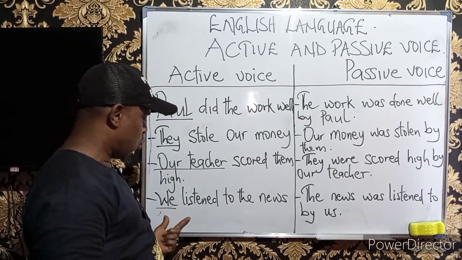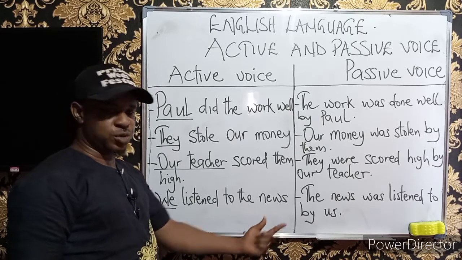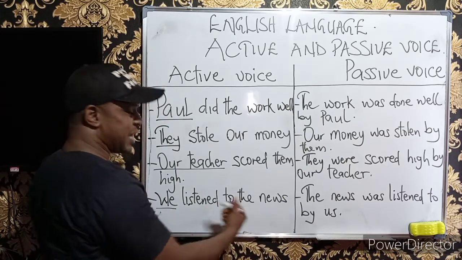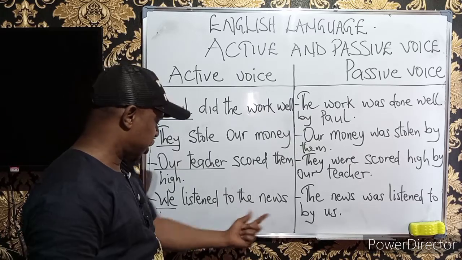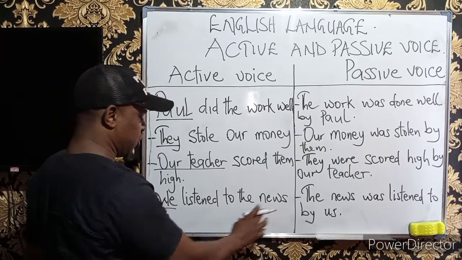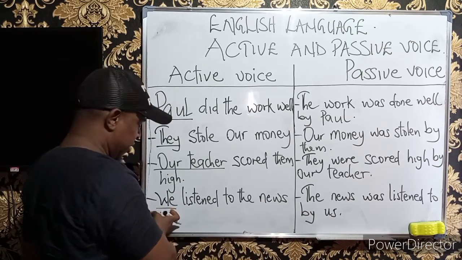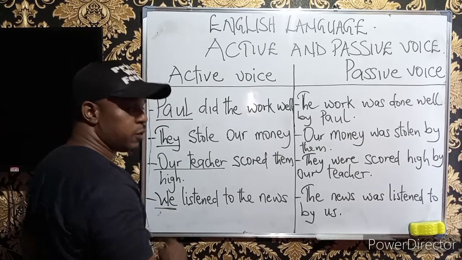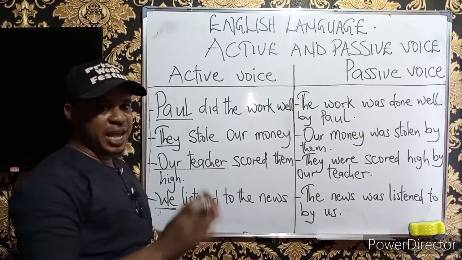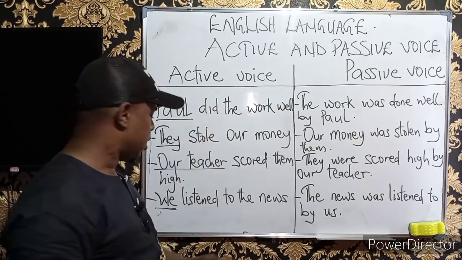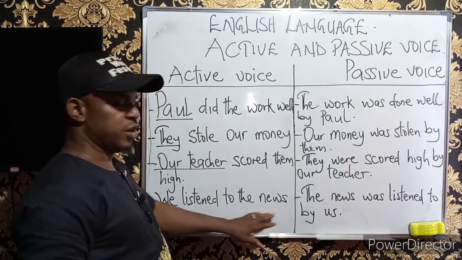The other one is a pronoun also. It says, we listened to the news. We here is the subject of the sentence, and it performed an action. We discover that this is a plural pronoun representing people, beyond a single number.